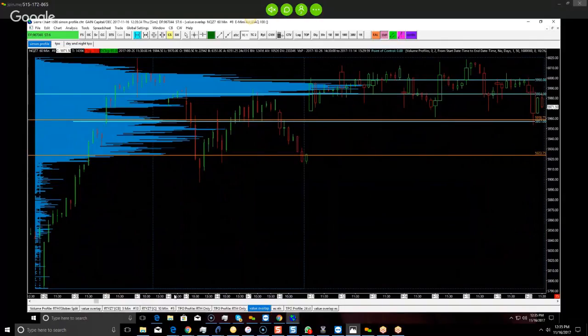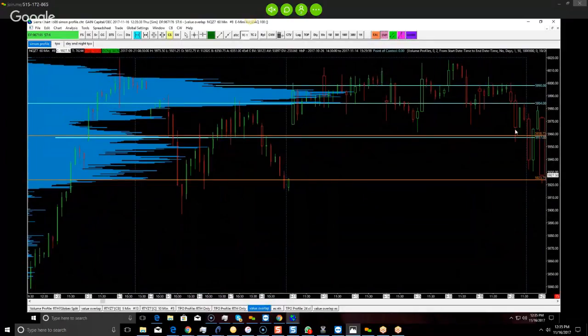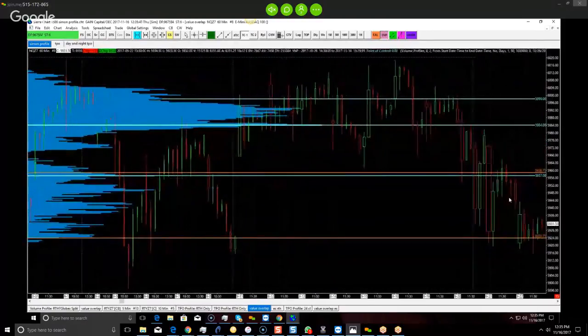So when I shift back over here and I'm sitting over here, each time, notice, come in, push back to that point of control, reject. Come in, push back to that point of control, reject. Come in. This time, right, I'm all the way at the bottom of this area, right? So what's happening each time? As we're coming through here, in order to get up, since I'm not gapping above this volume, I'm having to fight through each time we're subsequently trapping new buyers, right?